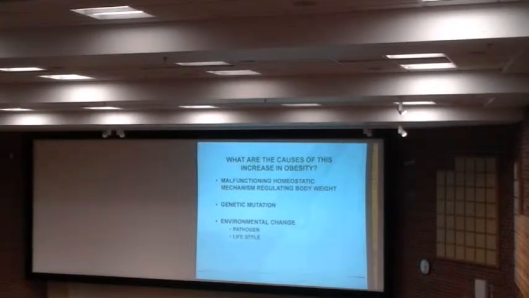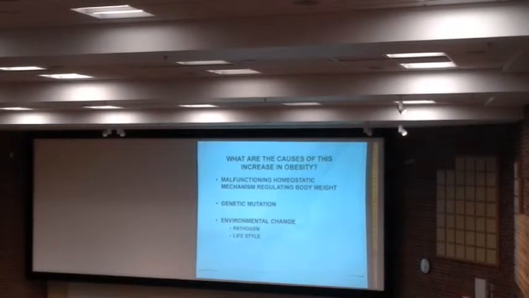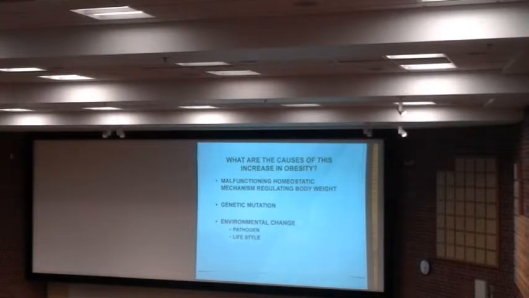Because it is quite apparent that they must not be performing that kind of homeostatic regulation. Another possibility, maybe there is a mutation. Some gene has changed, which is now producing a loss of our ability to regulate our body weight.